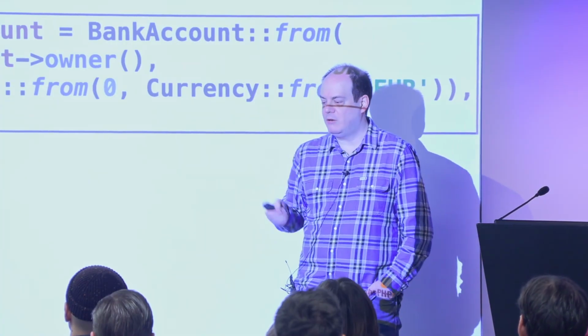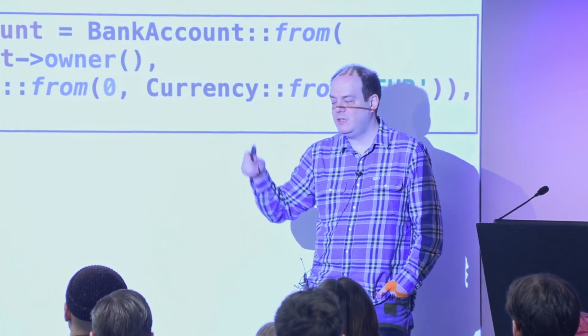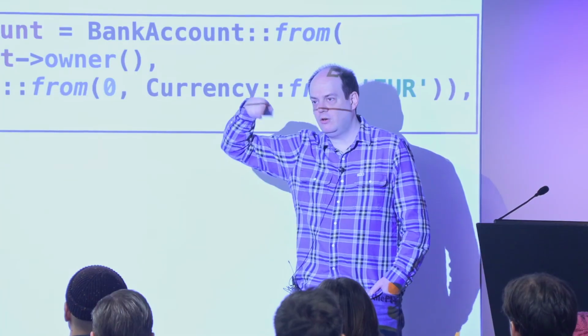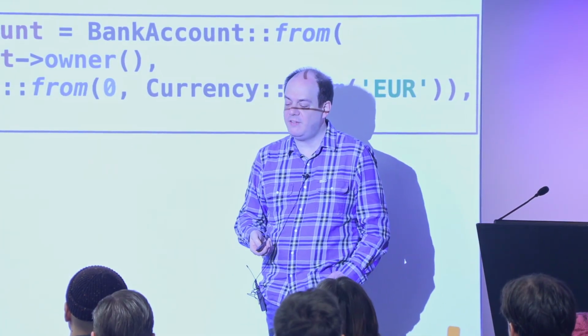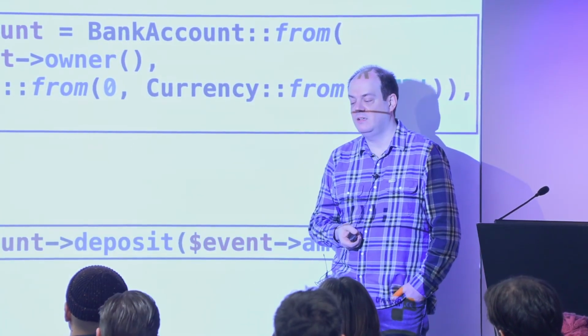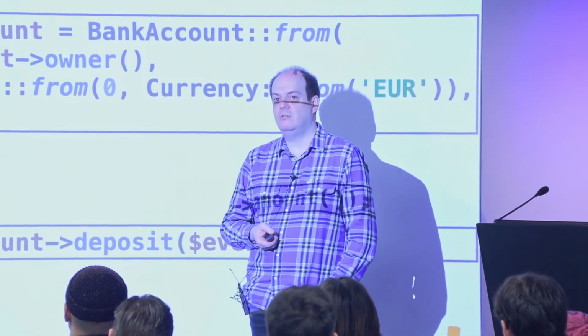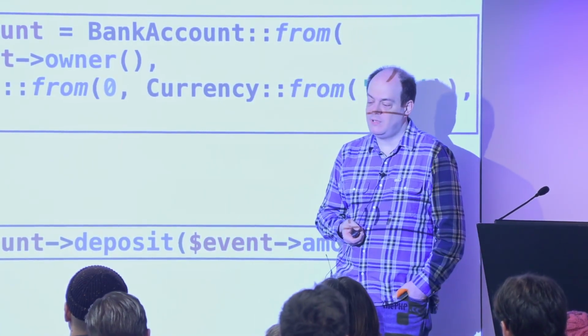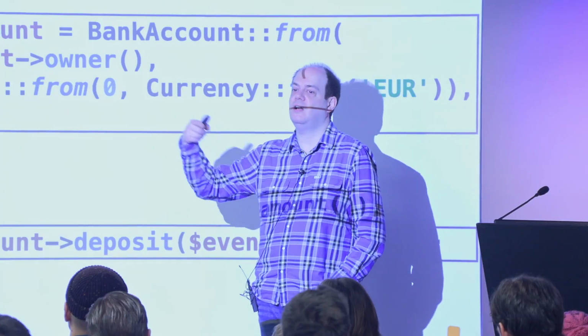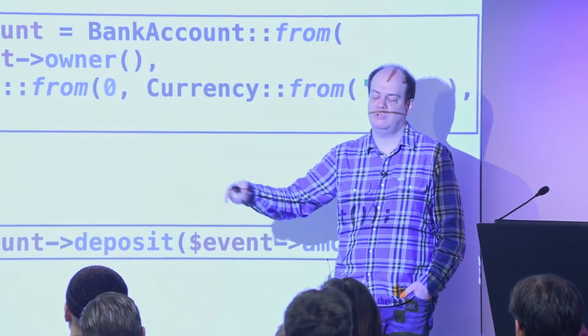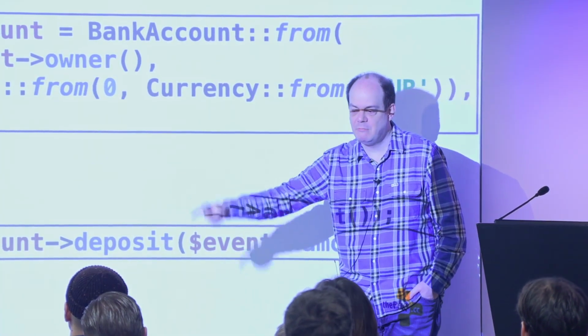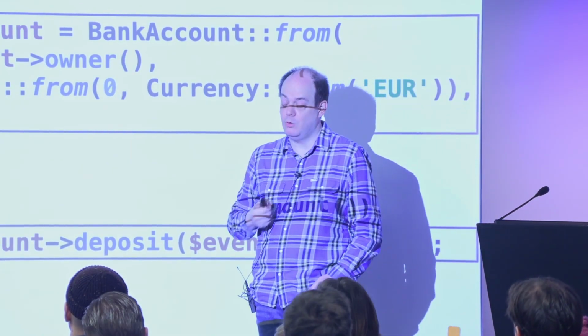I create a bank account object, put some information in there, and then I can continue processing the next event. And maybe the next event is €1.23 has been deposited, and that is just another method call on the bank account object I have created by processing the account opened event.